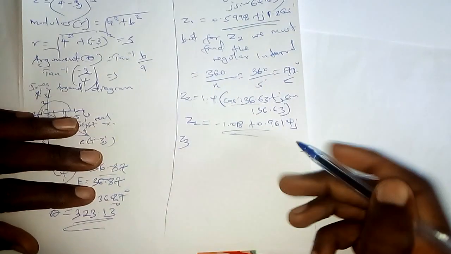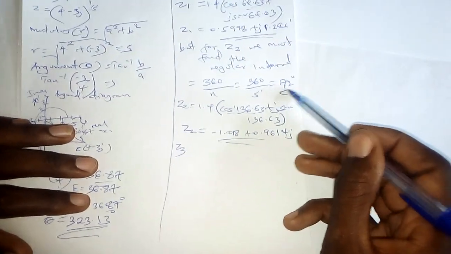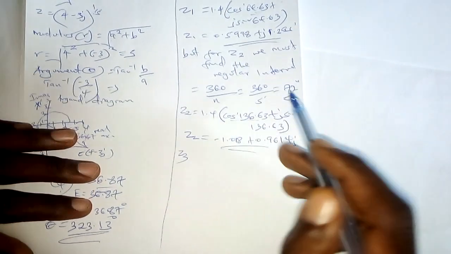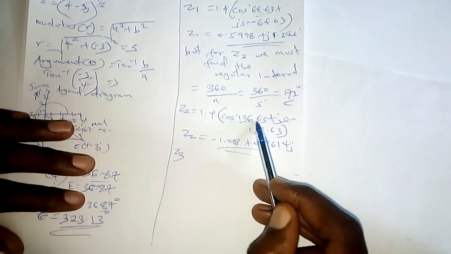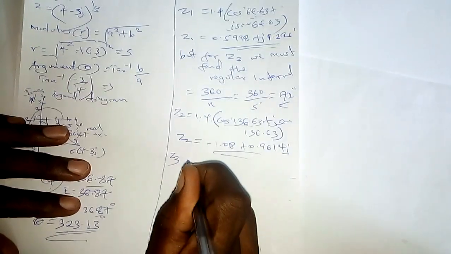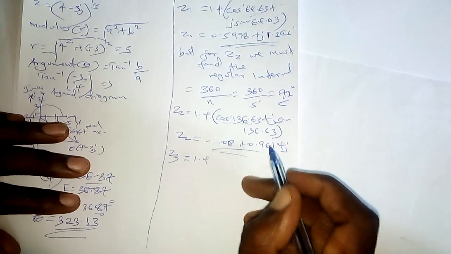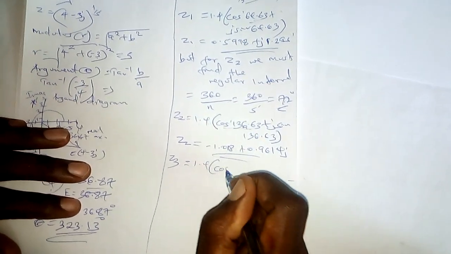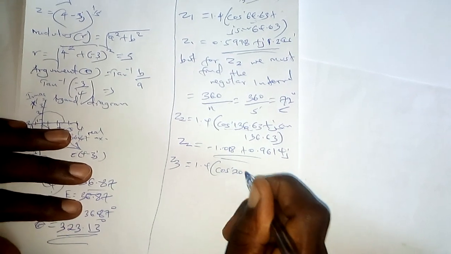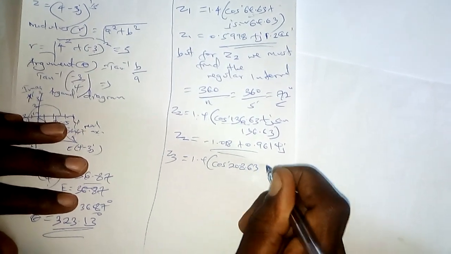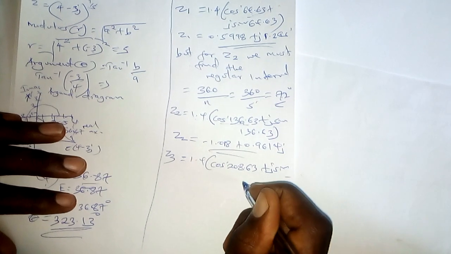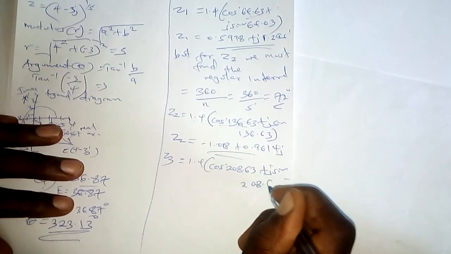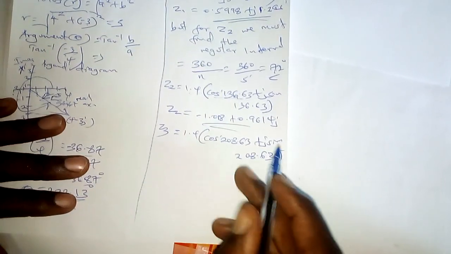For z3, you just take the regular interval, 72, and add it to this angle as you move. So you have 1.4 into cos 208.63 plus j sin 208.63.